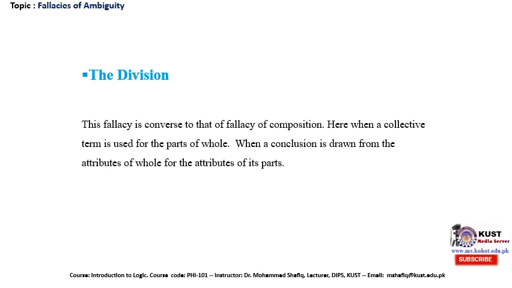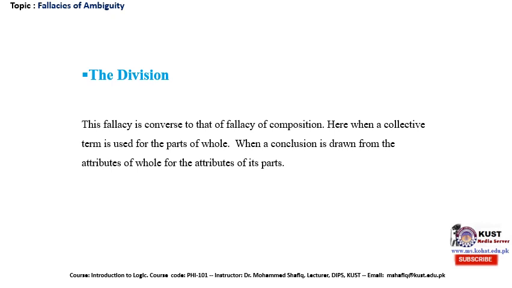I'll give you another example. Like when I say Ali is a good sportsman, right? This is the premise 1. Then in premise 2 I say Ali is a sportsman. And then on the basis of these two premises I draw the conclusion saying that therefore Ali is good.